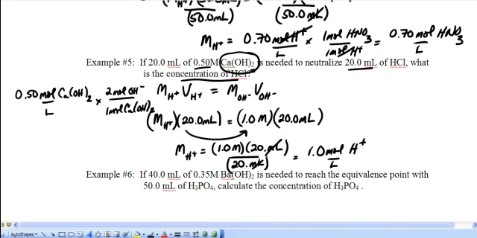And because the hydrogen and the hydrogen chloride is a 1-to-1, 1 mole of HCl for every 1 mole of H plus, the moles of H plus divide out, you have 1.0 molar HCl. All right.